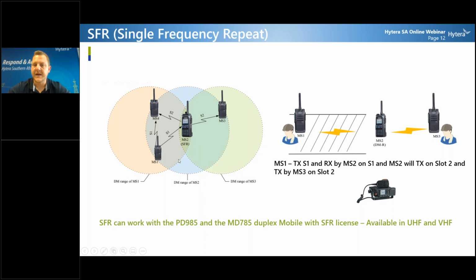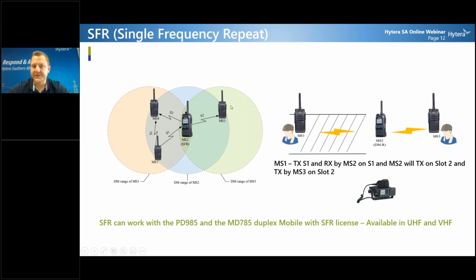It can't be used in an analog radio because it needs the 2 time slots in TDMA and DMR for you to be able to have this function. Note that when this radio receives the signal on slot 1 and it's transmitting on slot 2, this radio needs to be able to receive a signal from slot 1 or slot 2.